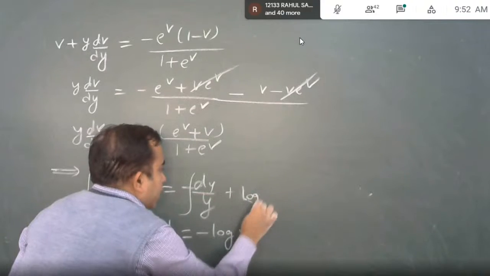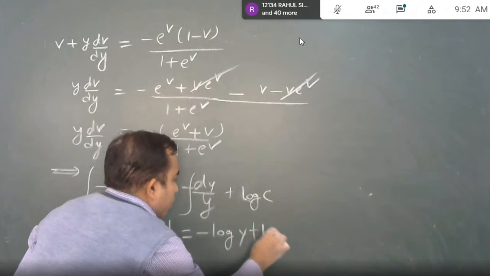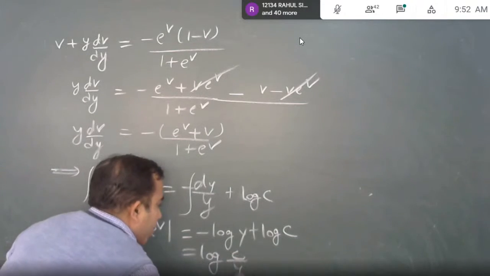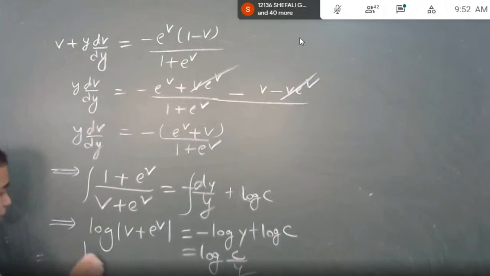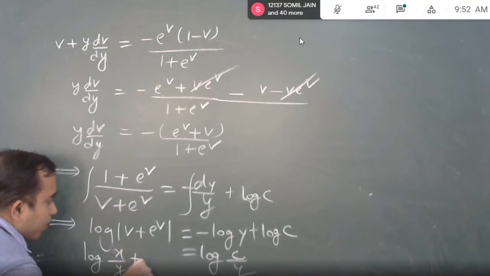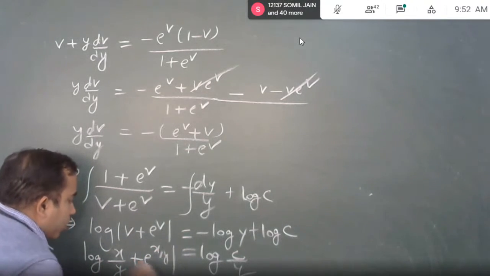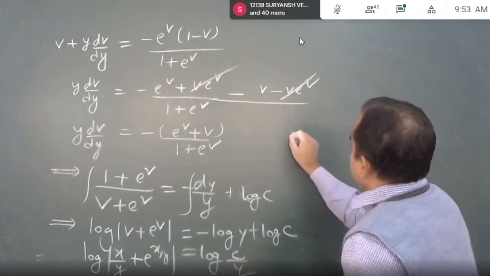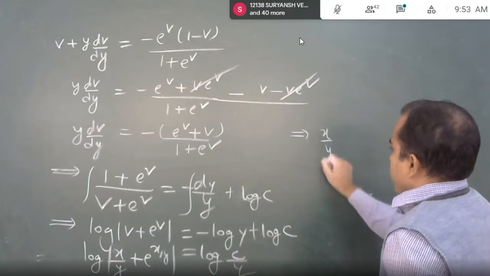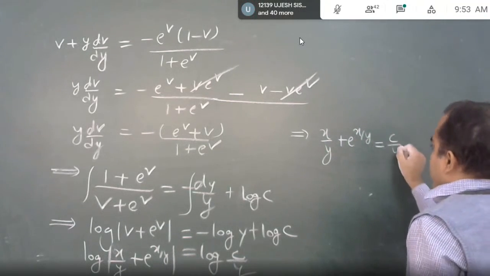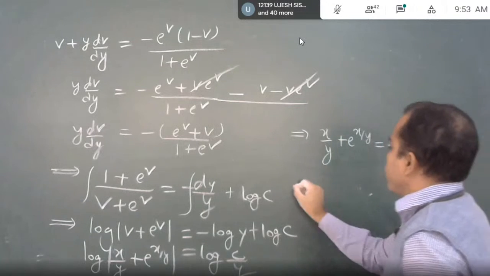C also let us take in terms of log. v was x upon y, and remove the log from both the sides, and here I get my final answer. Throughout we can multiply with y.